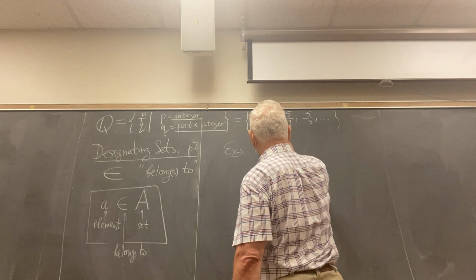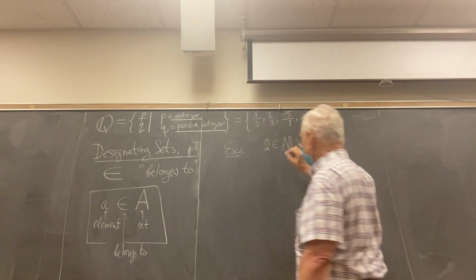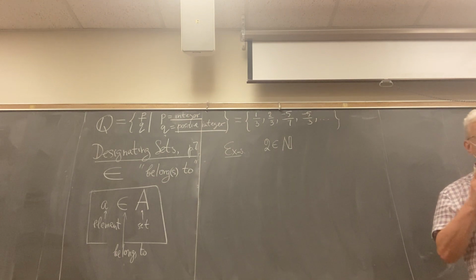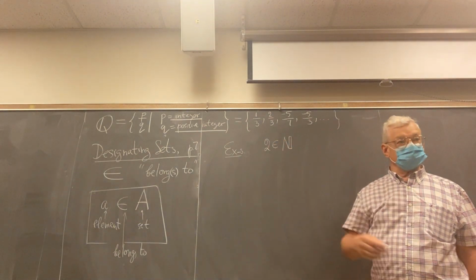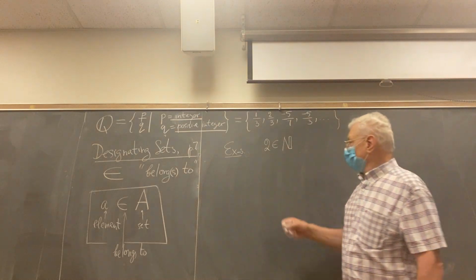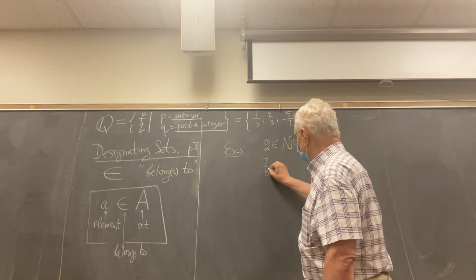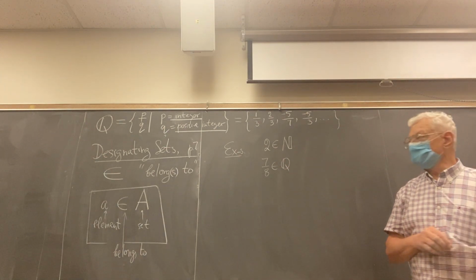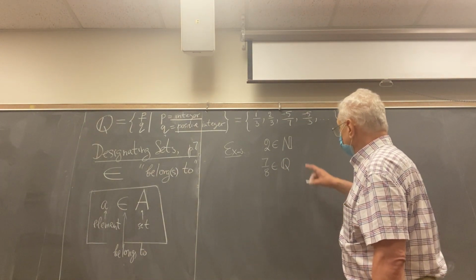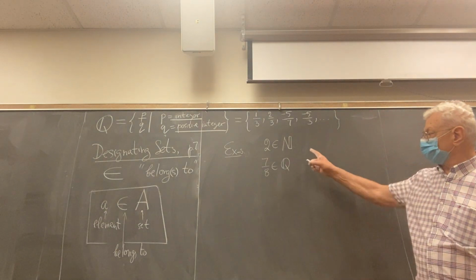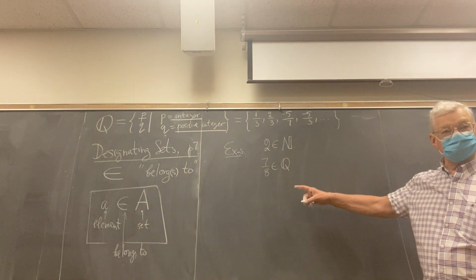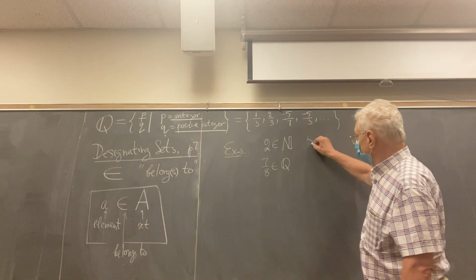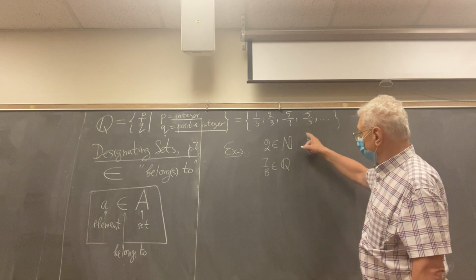Now let me give you some examples. For example, 2 belongs to natural numbers. What does it mean? It means that 2 is an element of natural numbers, or it says that 2 is a natural number. 7/8 belongs to Q. It's a rational number. Suppose I want to write that 5 belongs to N, and I don't want to rewrite it. Which direction do I have to write?